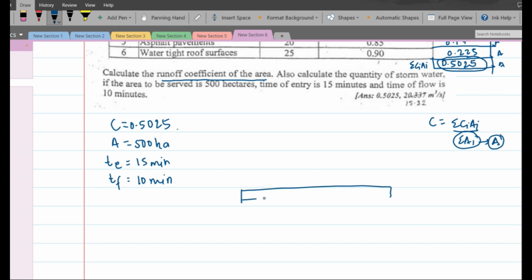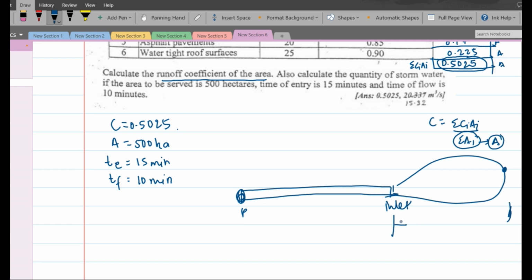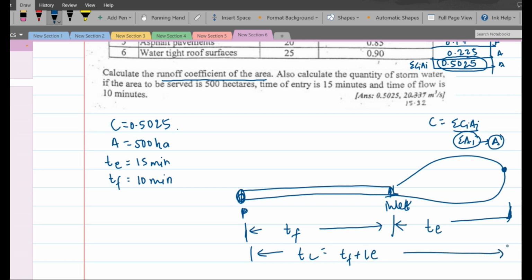If this is the point of concentration, and this is the inlet, and this is the catchment, and this is the most distant place, then the time taken by a drop of water to flow from this distant point to the inlet point is the time of entry, right? And from the inlet to the point of concentration, it will be the time of flow. So time of concentration TC will be TF plus TE, right? So this is the thing.